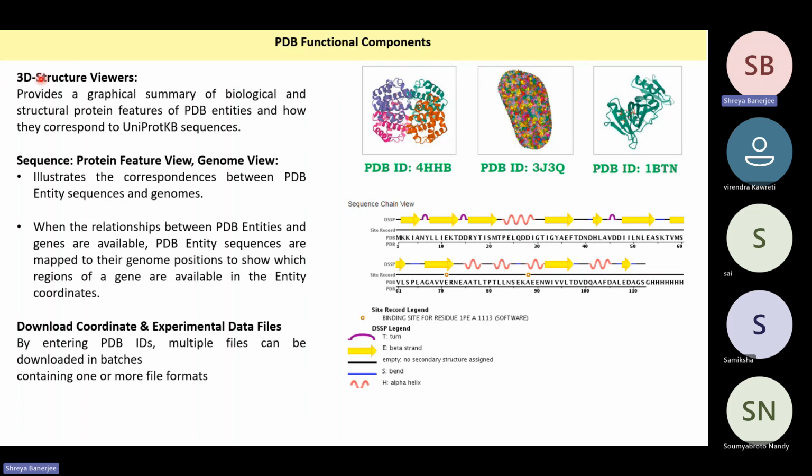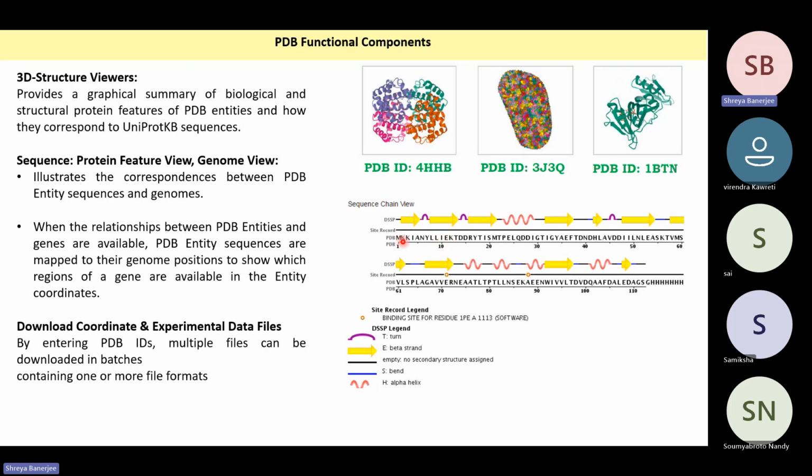So you have many 3D structure viewers where if you include the PDB ID, you can download the PDB format and look at the structure in a three-dimensional way. There are certain software which will help you look.